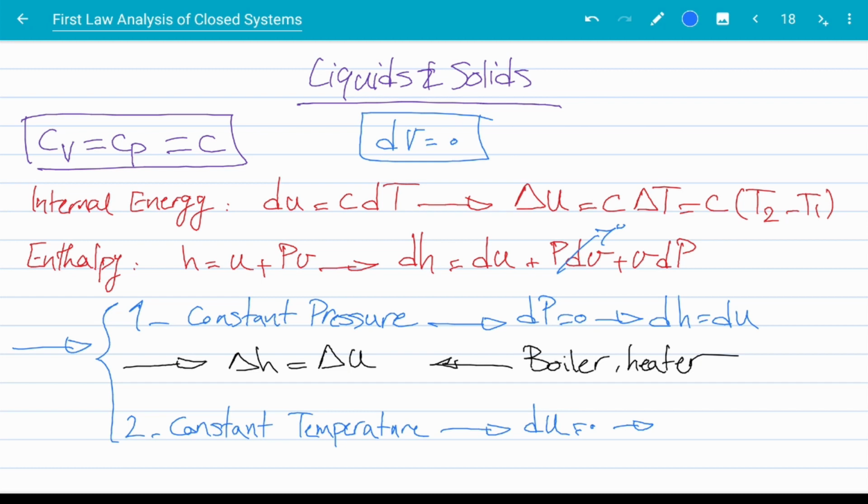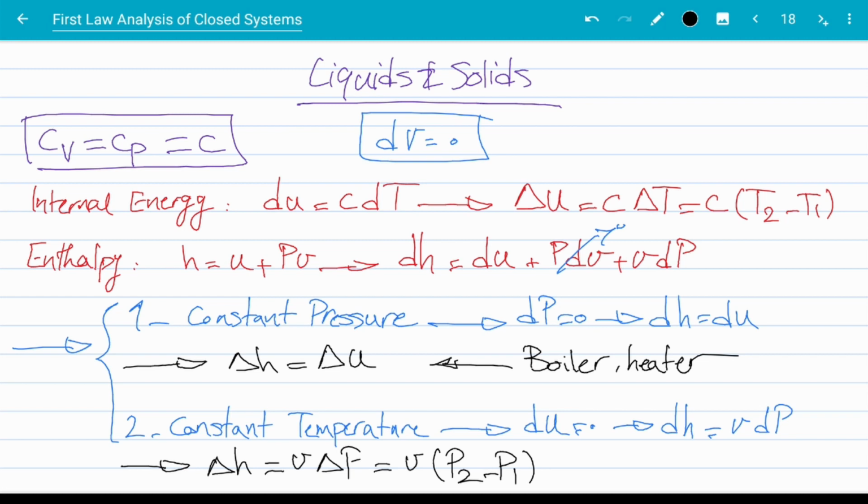This means dH is equal to specific volume times dP, meaning the change of enthalpy is specific volume times delta P, or specific volume times (P2 minus P1). Now, an example for this case is when we are dealing with a pump.